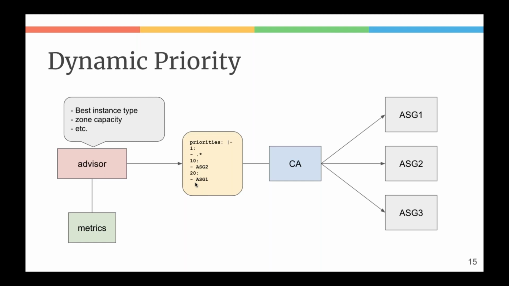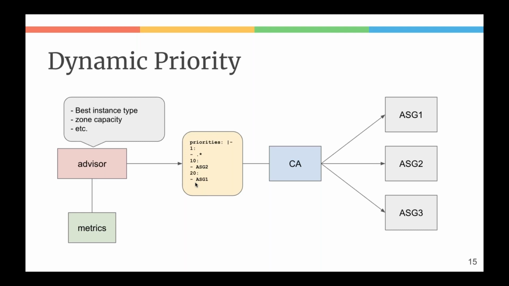So based on the actual workload, we want to make the utilization better. For example, if some workload requires more CPU, we will push the CPU node group to the top, so we use it first.